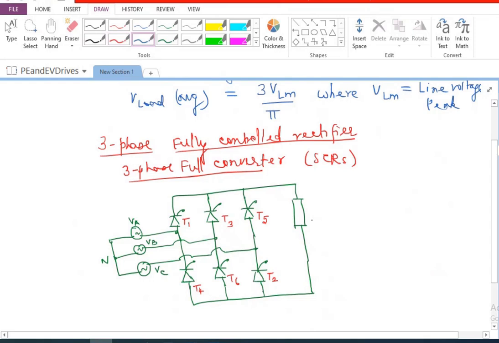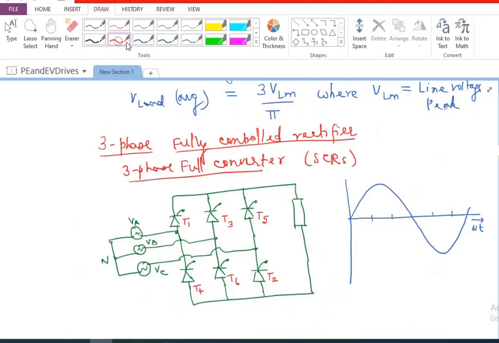Let me again draw the waveforms. This is VA and this is going to be omega t. And this is going to be VB.